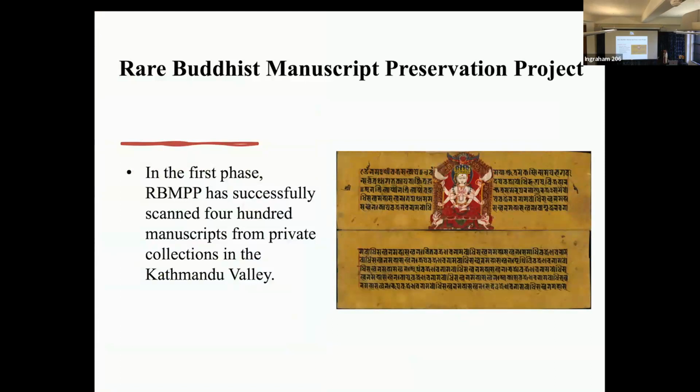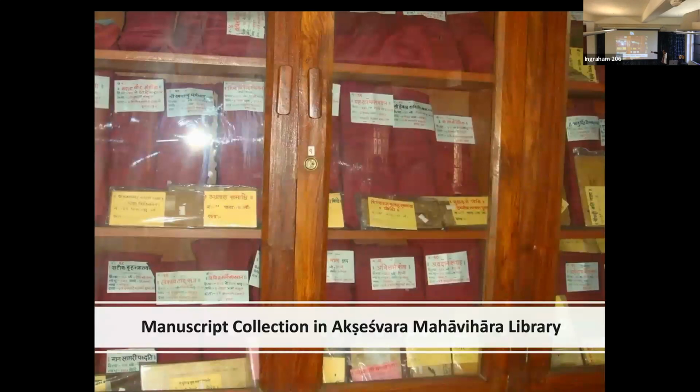And at the time, we didn't have an infrastructure, so we just bought a very small scanner that only scans very short, small-size books, right? But later, with a second grant, this is the collection scanned. This is a beautiful one. They have 350 manuscripts.